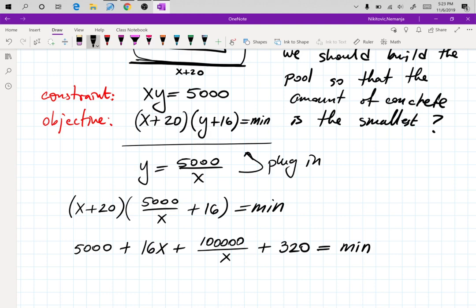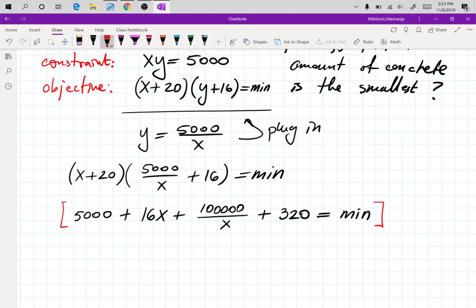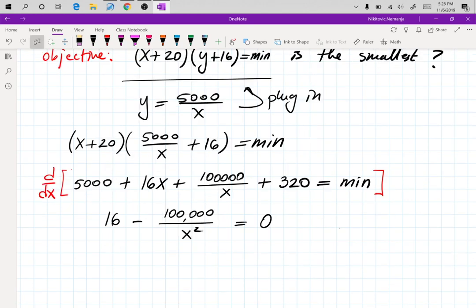But take the derivative with respect to X. So 5,000 goes to 0, 320 goes to 0. The derivative of 16X is just 16.